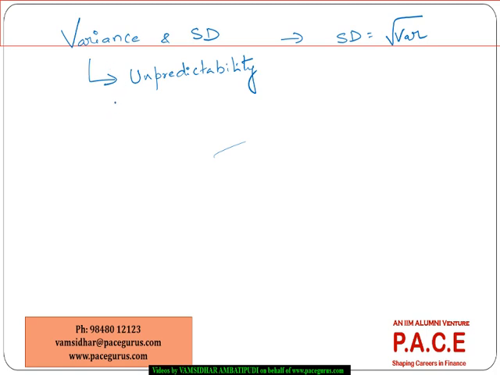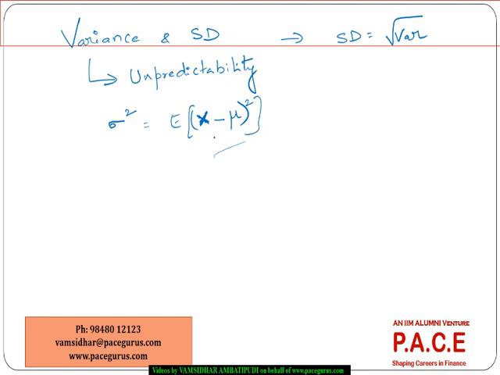As a definition or notation, we denote it as sigma squared, and it is nothing but the expected value of each observation of the random variable, each value minus the mean, squared. Expected value of x minus mu squared.